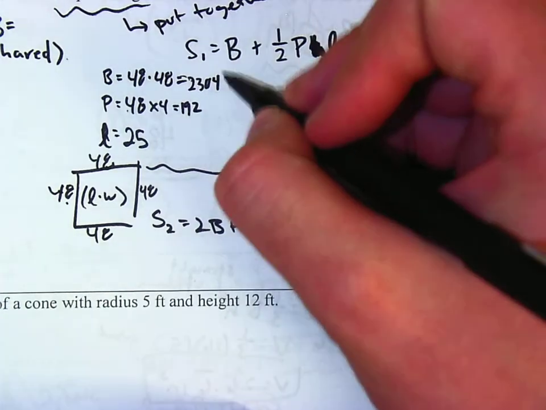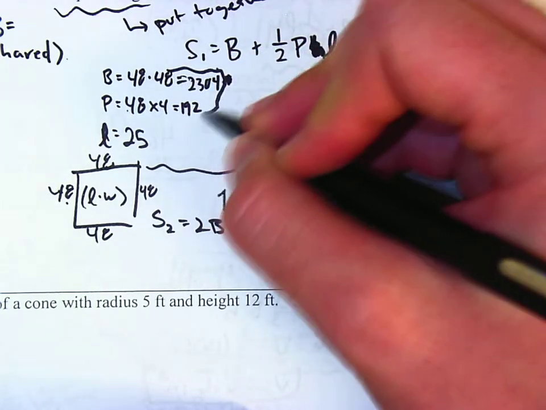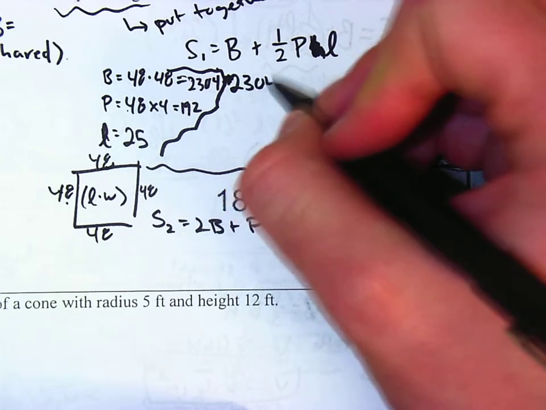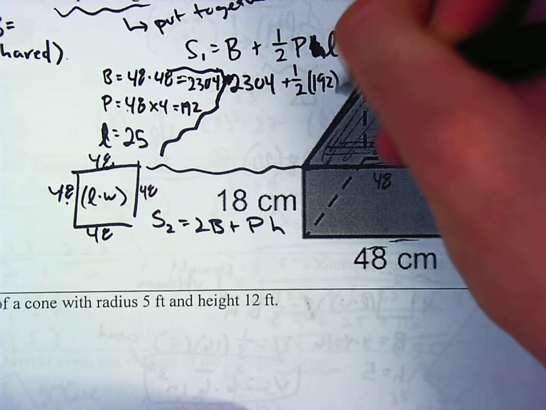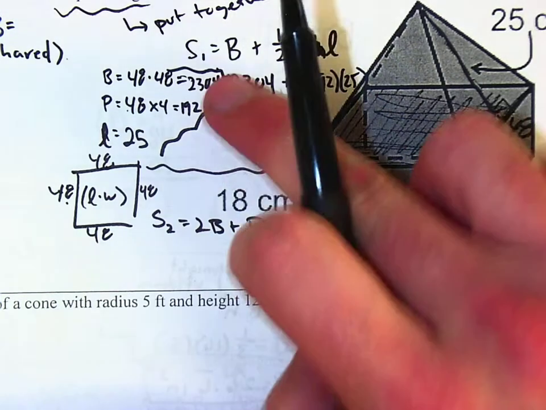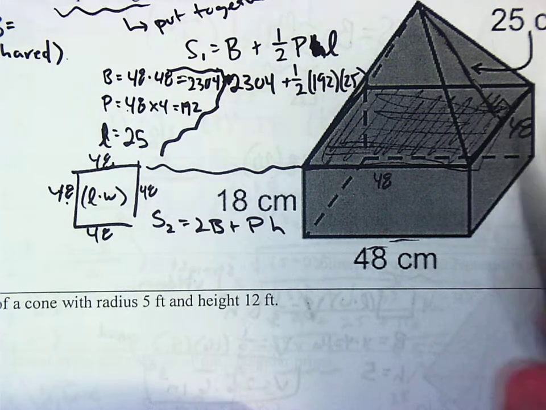So if we're going to find S1, I'm going to make a squiggly here so we don't get distracted. It's 2,304 plus 1/2 times 192 times 25. These are all just numbers I'm pulling from this list I've created for myself.